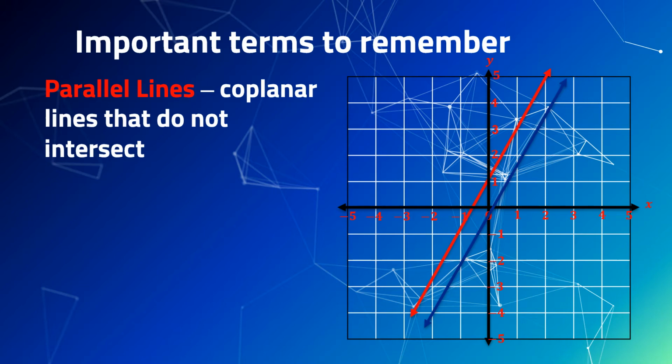So there is no solution, or there is no point of intersection, because if you extend these two lines in opposite directions, there will be no case that these two lines will intersect. That is why these two lines are parallel lines.